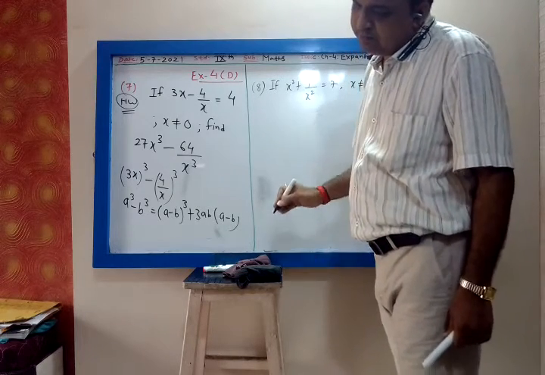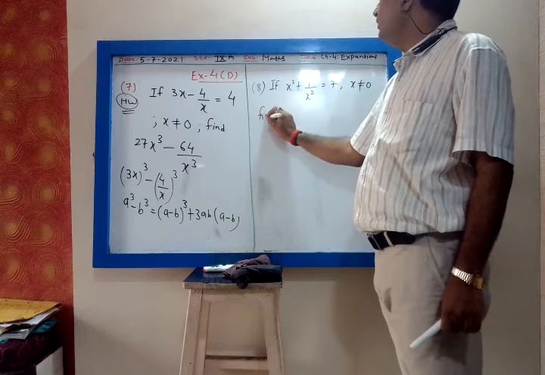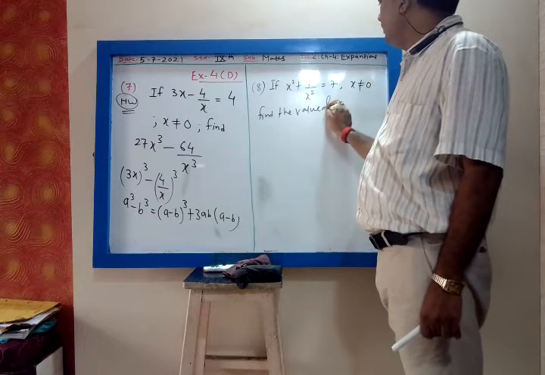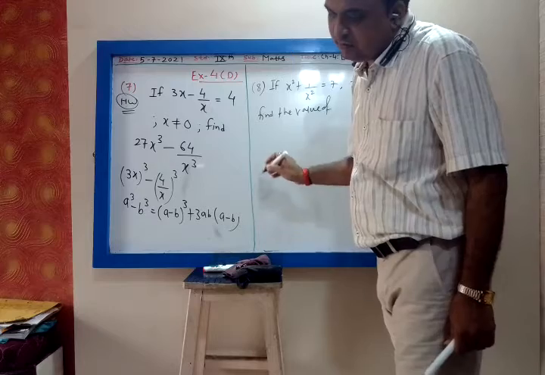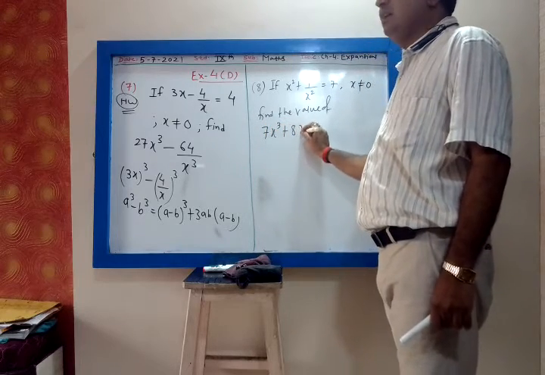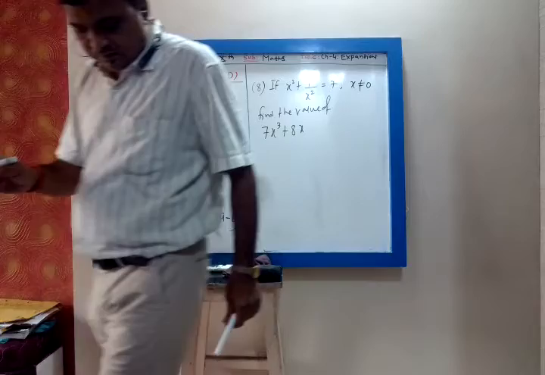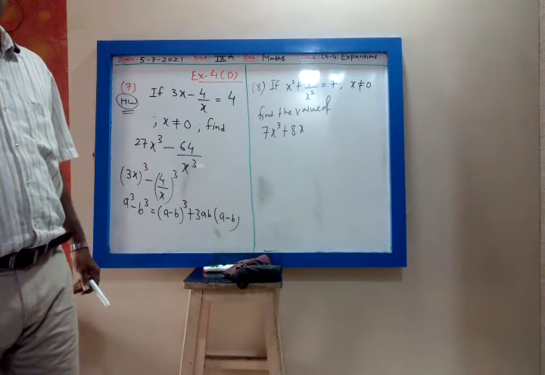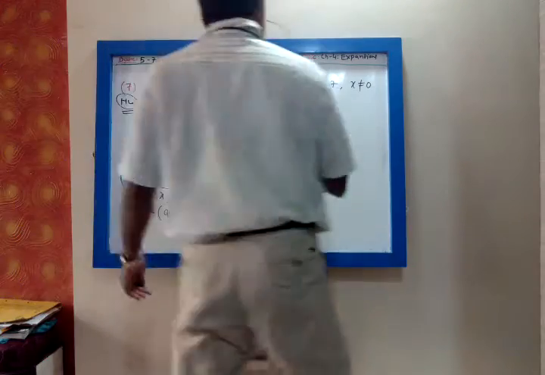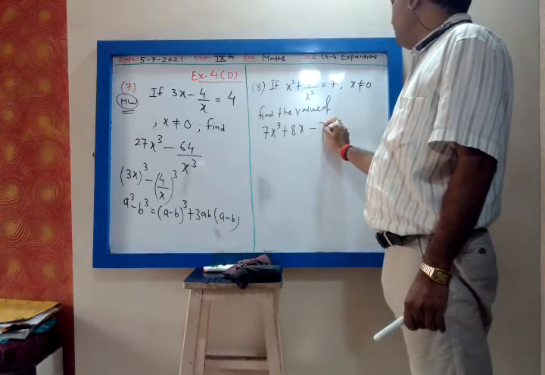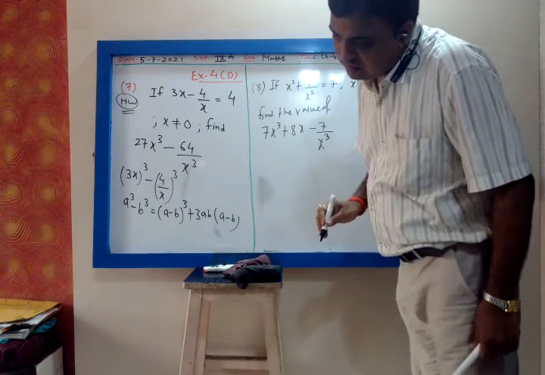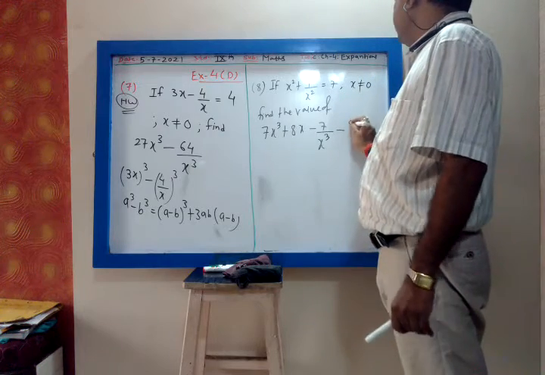find the value of 7x cube plus 8x minus 7 upon x cube minus 8 by x.